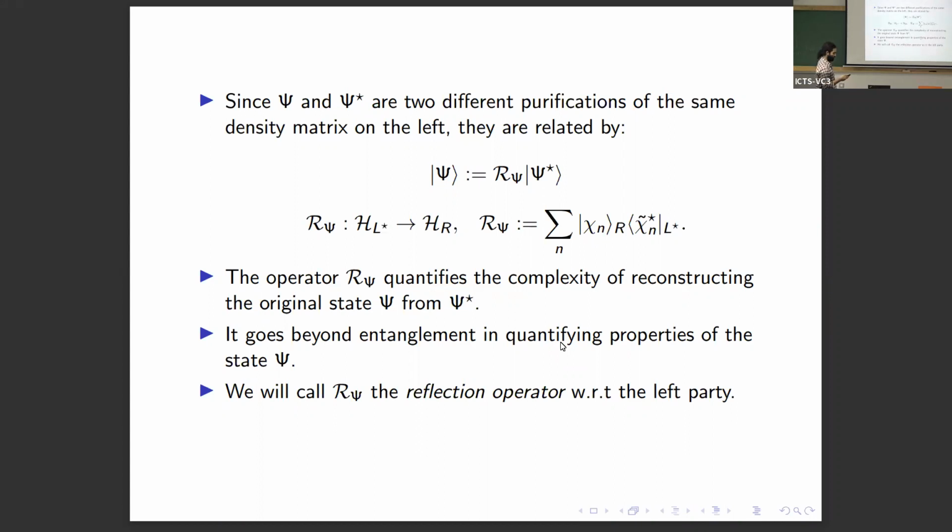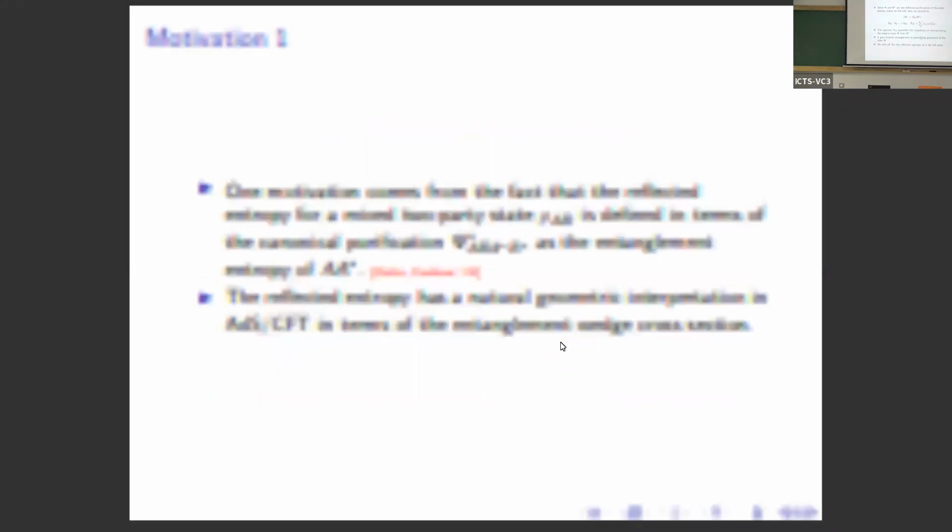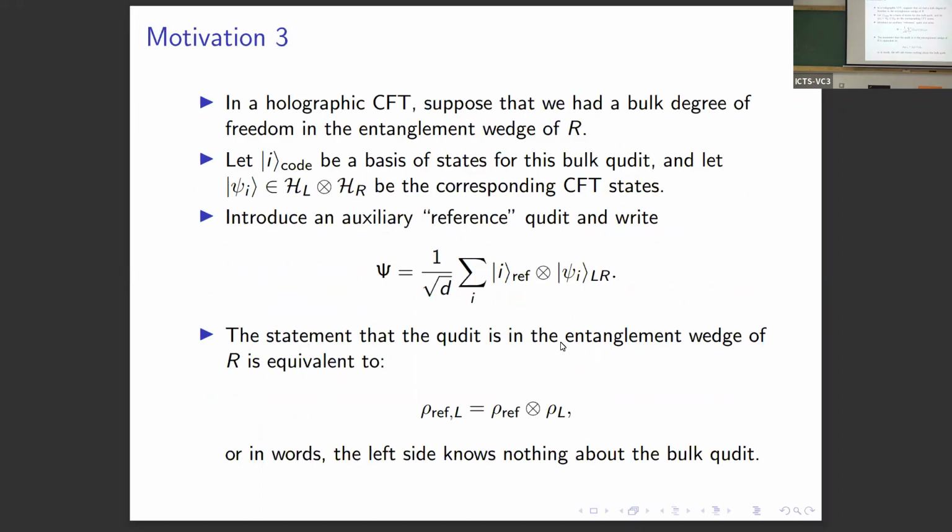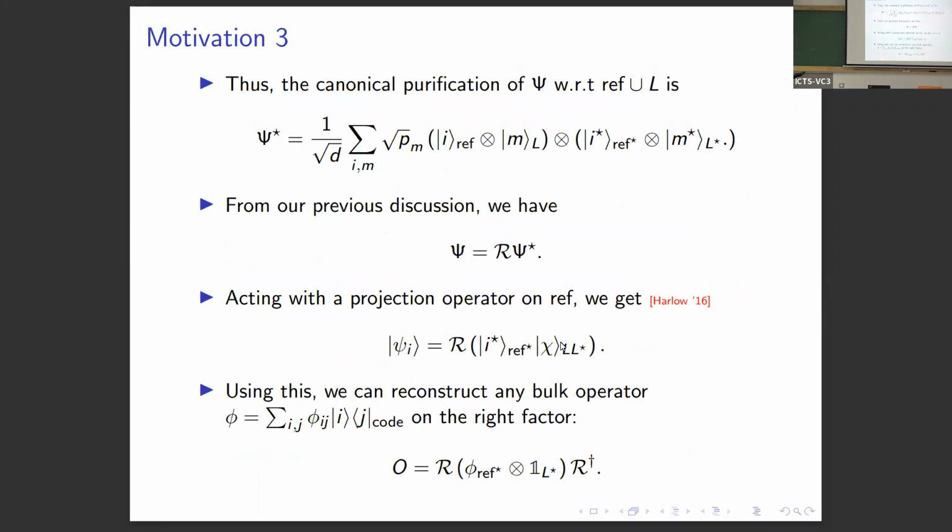Yes, then you have the canonical purification. Now you add this R on this side, reference star L star. So when R acts on reference star, it gives you back the qubit. It gives you back the qubit, exactly.